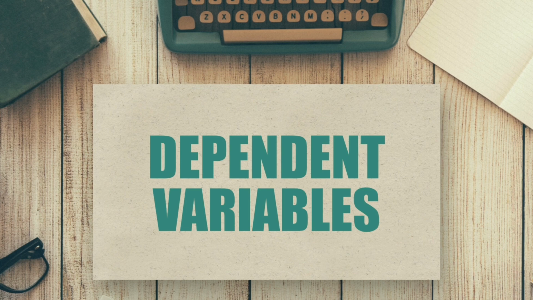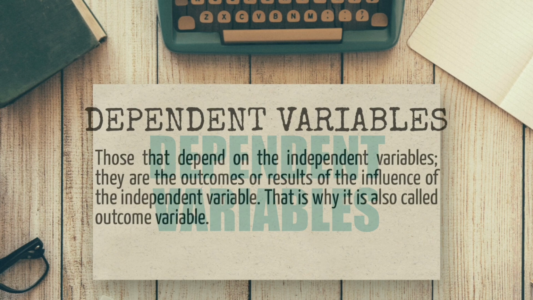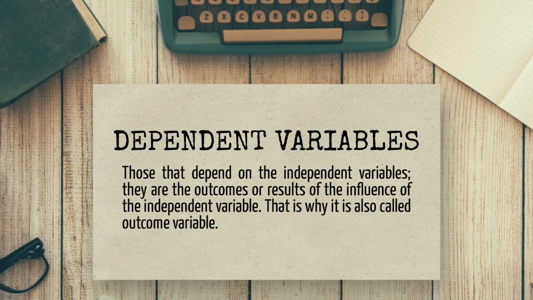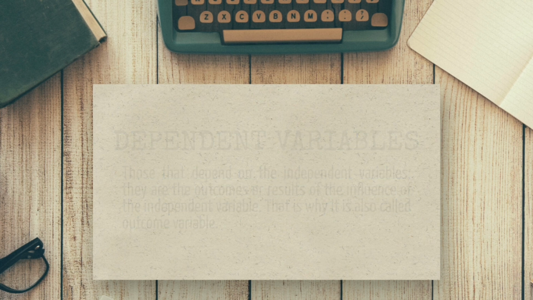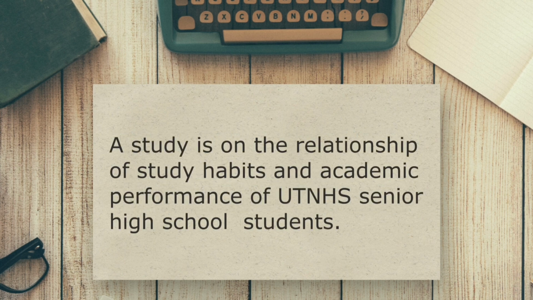Dependent variables. Those that depend on the independent variables. They are the outcomes or result of the influence of the independent variable. That is why it is also called outcome variable. Let's take into consideration the same study.